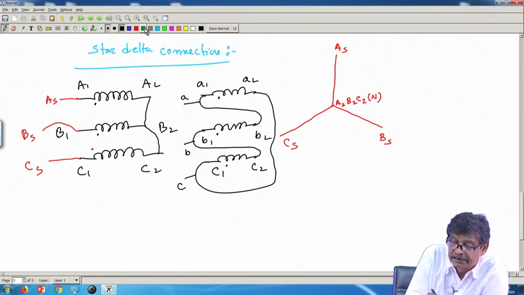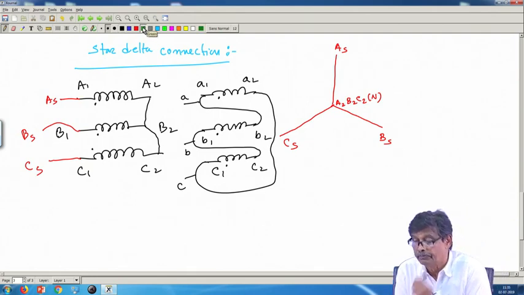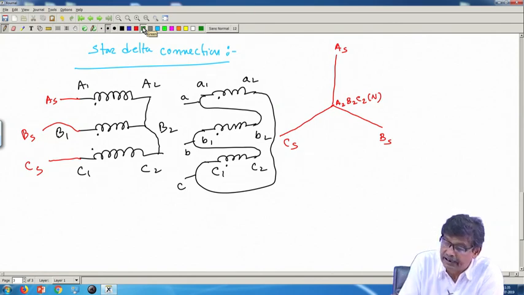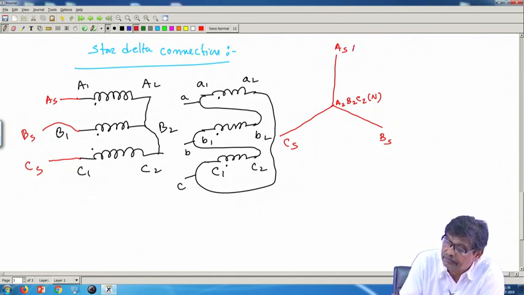Now, in this case, the secondary voltage I am now drawing. Secondary voltage will be, mind you, this As is nothing but your A1. Bs is nothing but B1 and Cs is nothing but C1.